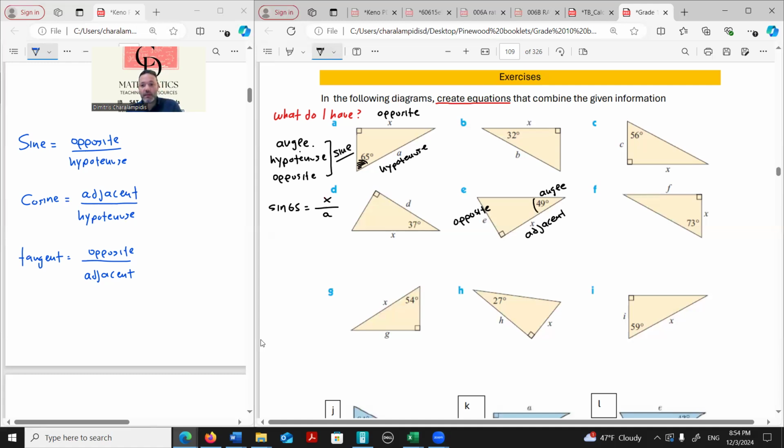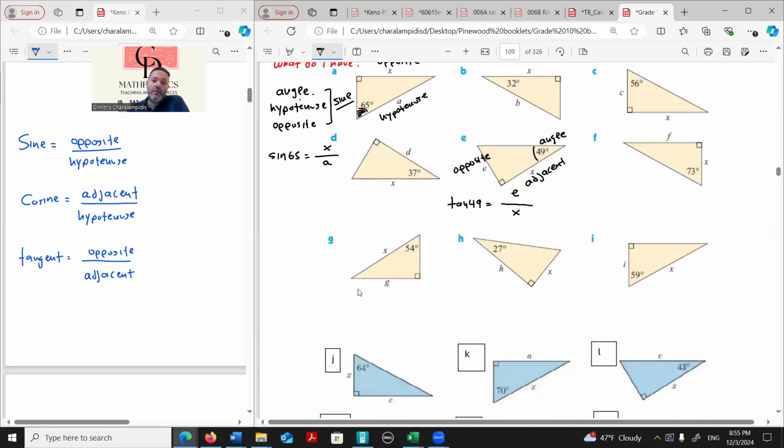By looking at the left, you will get used to that, we do see that it's the tangent. The tangent connects these three concepts: an angle, the opposite, and the adjacent. So tangent of 49 degrees is the ratio formed by the length of the opposite, which is E, over the length of the adjacent, which is x.